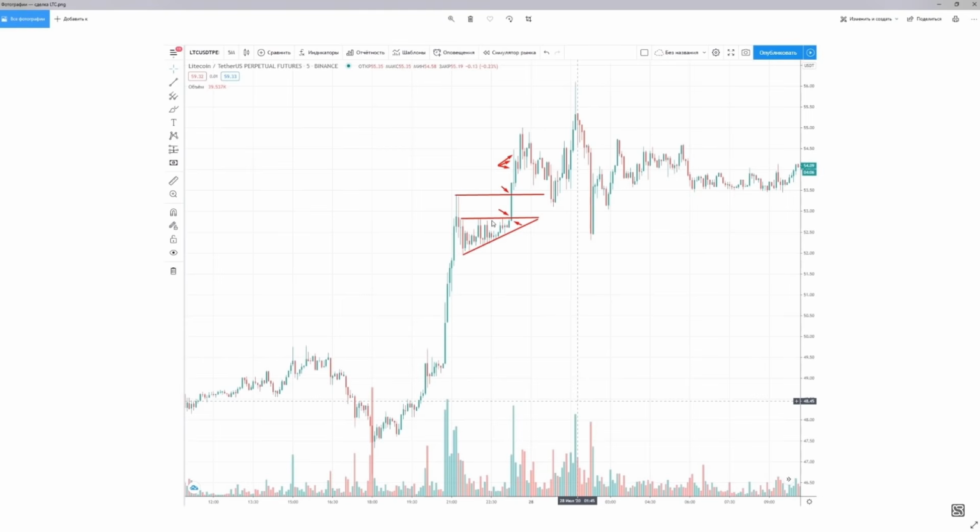Everything was done according to the strategy. Firstly, we tried to break through the higher border. Then we tried to catch the renewing of the maximum, and then closed the position in different parts, as I said before.